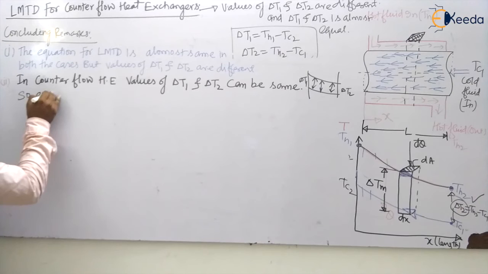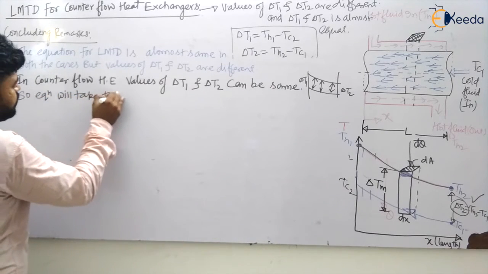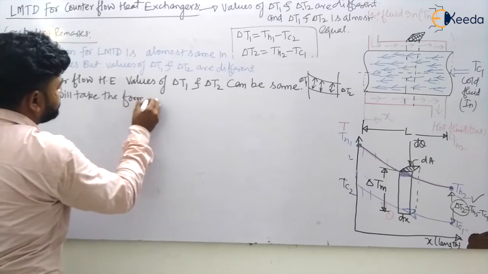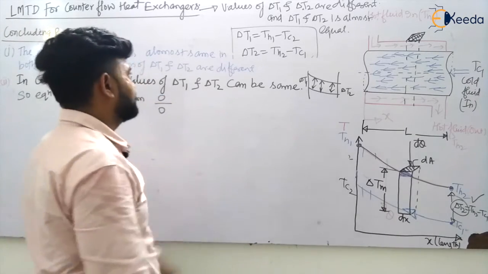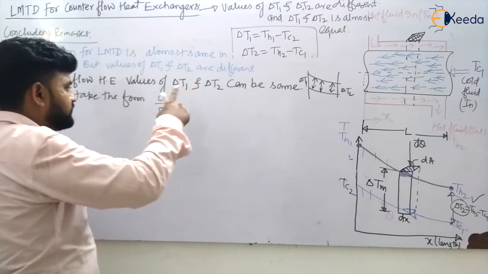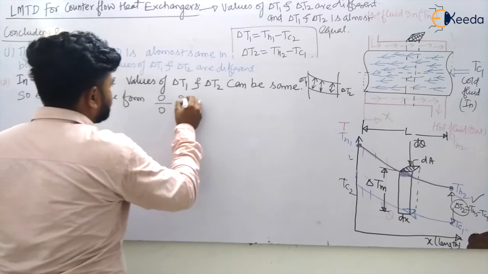So the equation will take the form of what? 0 by 0. If I talk about delta Tm, which is delta T2 minus delta T1, 0, and log of delta T2 by delta T1, 1, log 1 is 0, indeterminate form.